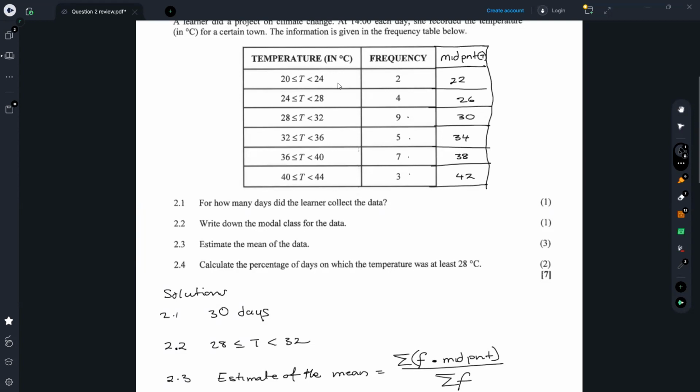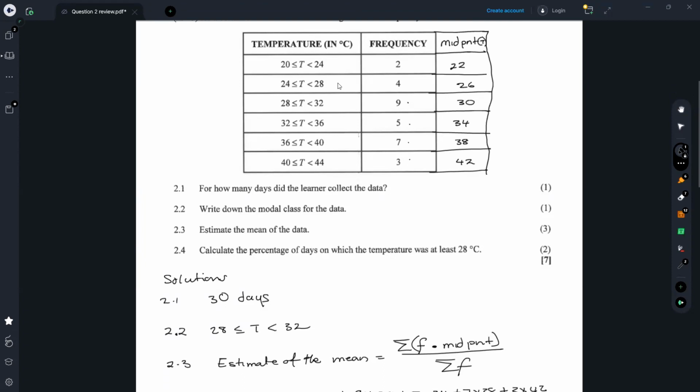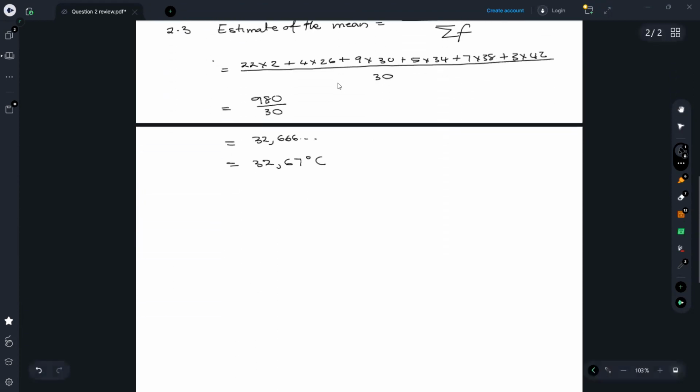Okay. So now this would be 7 plus 3, that would be 10. And we are going to have 9 plus 5 there, which would be 14. So the number of days would be 9 plus 5 plus 7 plus 3, giving us 24, like that.